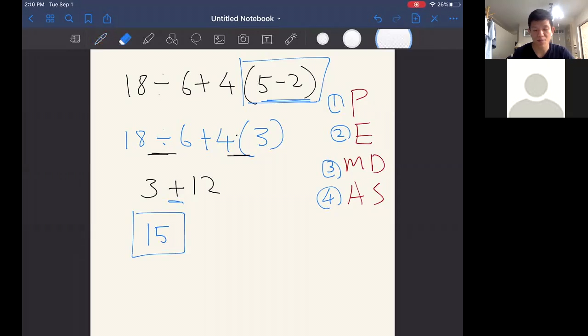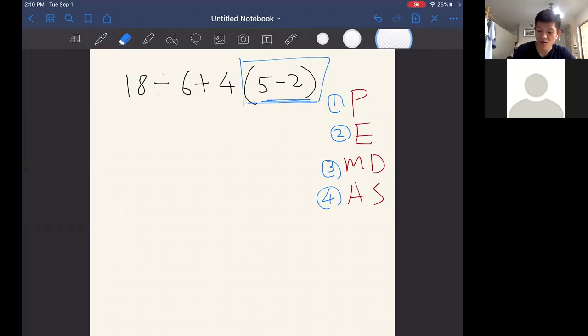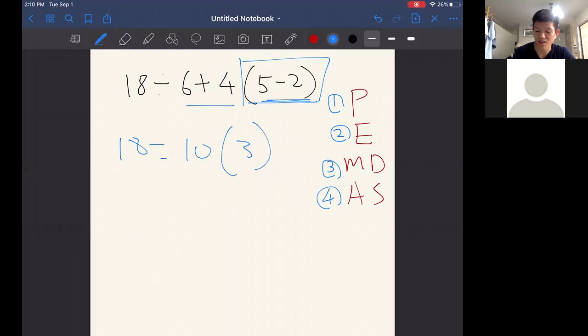Now, what happens if you do other stuff first? We're going to take the same question here, but let's try other things first, just because, okay? If we do addition first here, let's say, then we get 18 divided by 10 times 3. And then let's do the multiplication first.